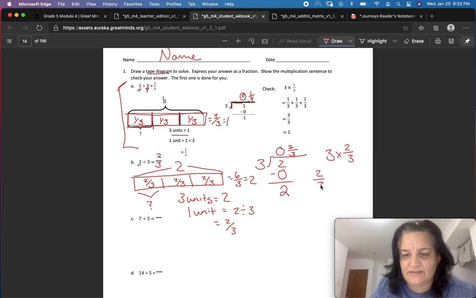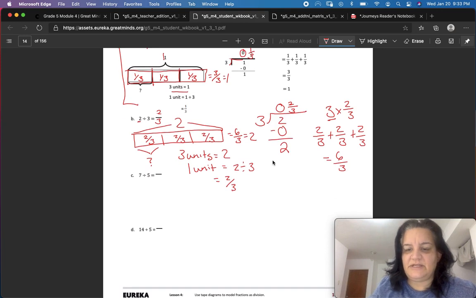So 2/3 plus 2/3 plus 2/3, right, because we're multiplying 3 times. 2/3 plus 2/3 plus 2/3 equals 6/3, which equals 2. Okay? So this 2 matches this 2, this 3 matches this 3, this 2/3 matches this 2/3. Each square is 2/3. Excellent.